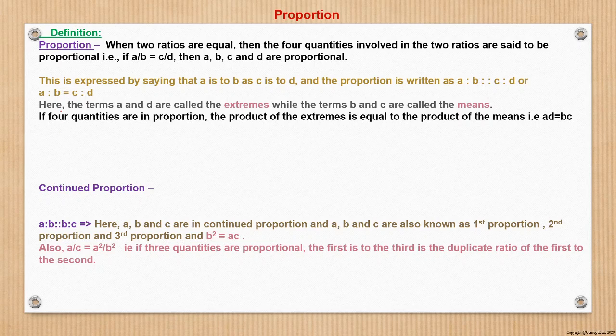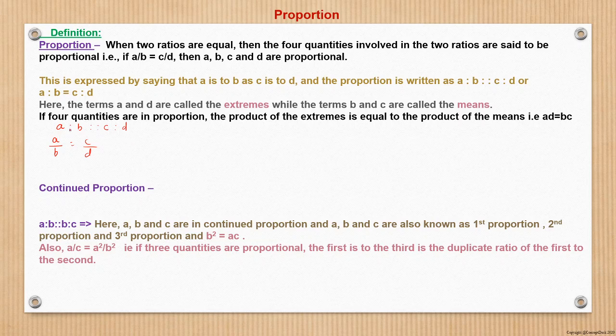If there are four numbers A, B, C, D, and A is to B as C is to D, this means that if A by B is equal to C by D, then A, B, C, D are called proportional to each other. That means A by B is equal to C by D.